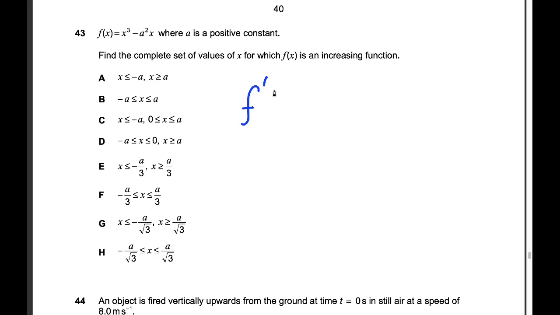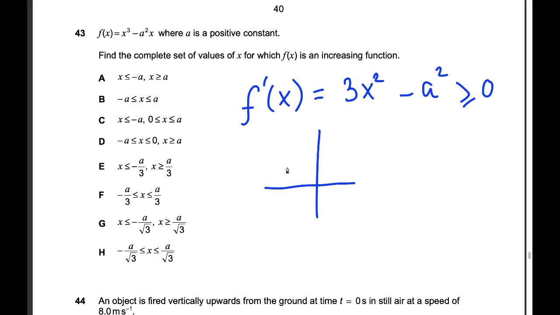So f dash of x, I'm working out the derivative. That's going to be 3x squared minus a squared, and that's got to be greater than or equal to 0.